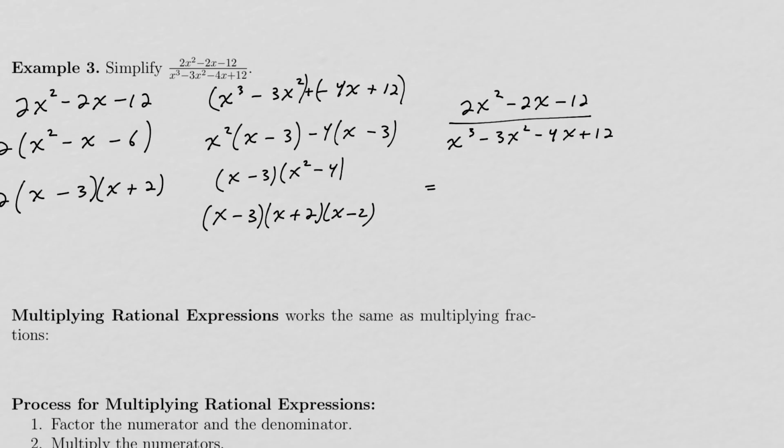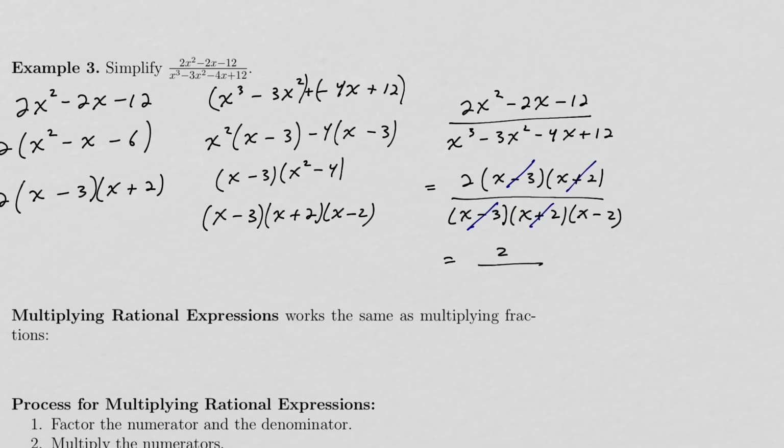It'll be 2 times x minus 3 times x plus 2 over x minus 3 times x plus 2 times x minus 2. So in this case, the x minus 3 will cancel and the x plus 2's will cancel, right? And I'll end up with just 2 over x minus 2.